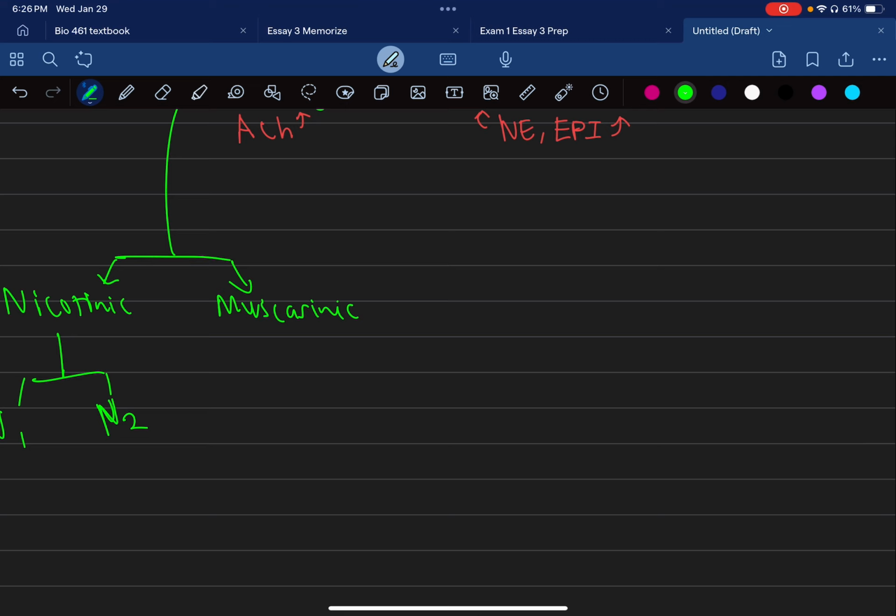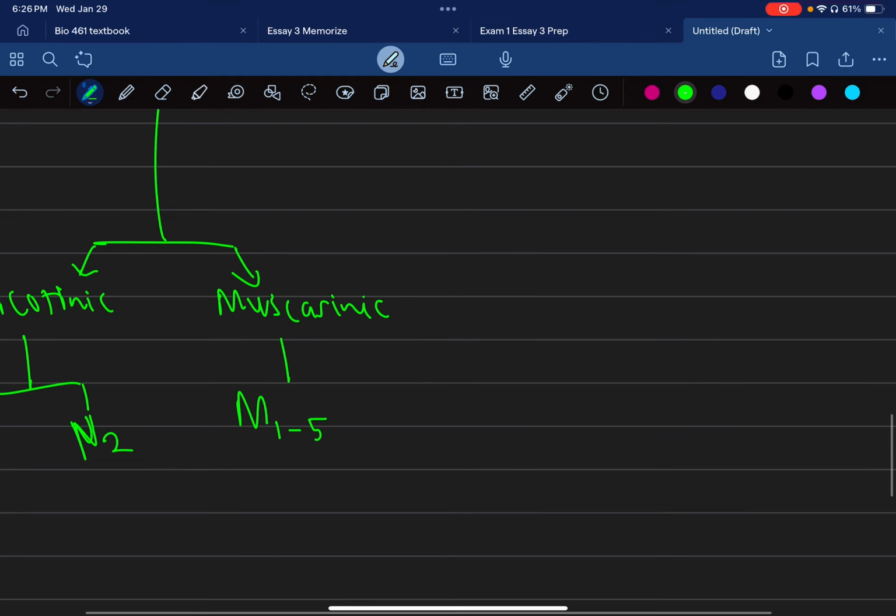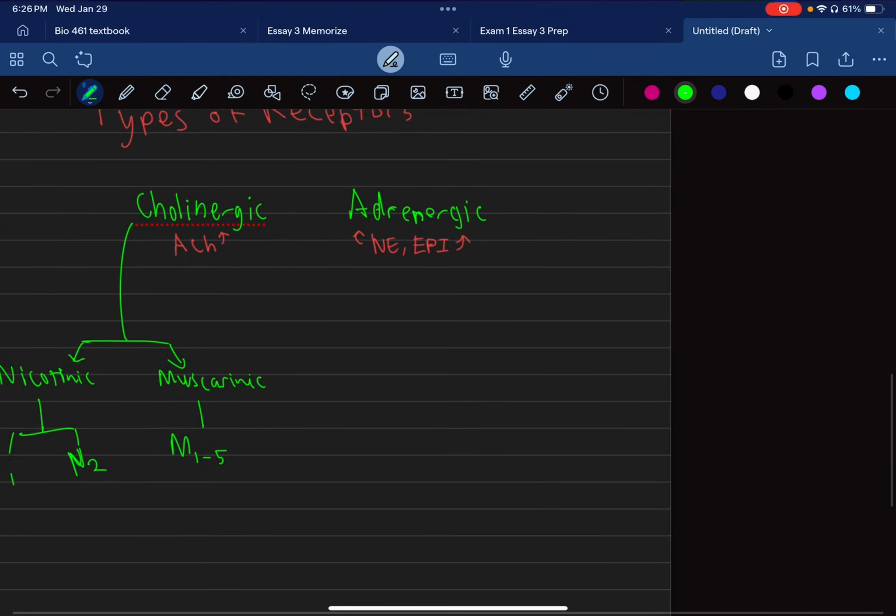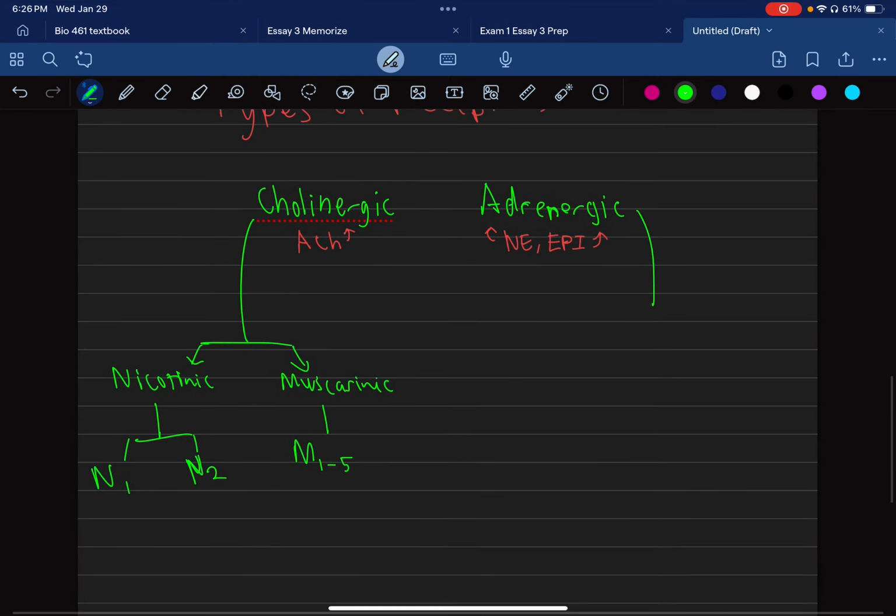As far as muscarinic goes, there's actually 5 different receptors. And then if we go over to adrenergic, we have 2 divisions over here as well.